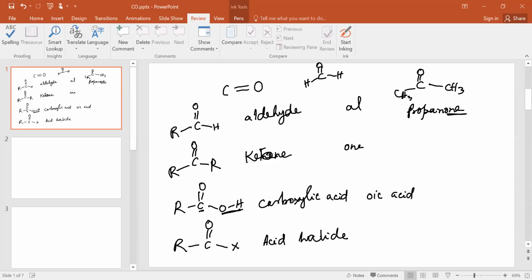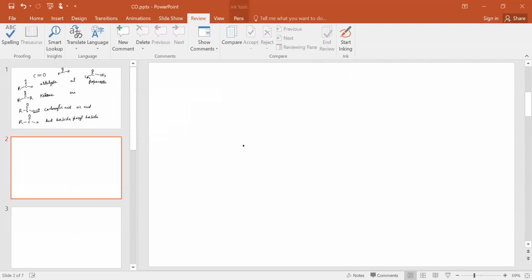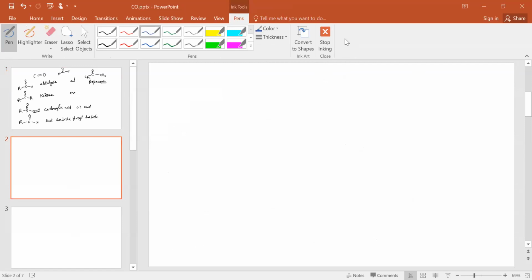This ends with "oyl halide" in nomenclature, or "yl". This is not very common, but we'll see some reactions. The next functional group is the acid anhydride.